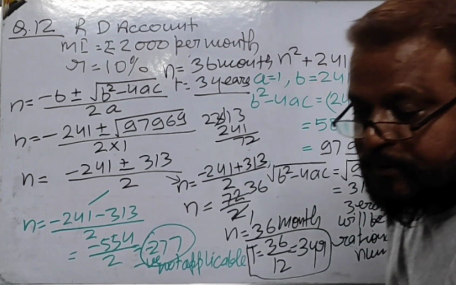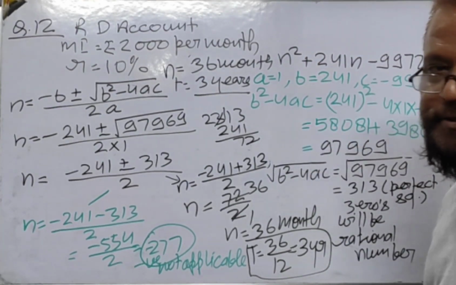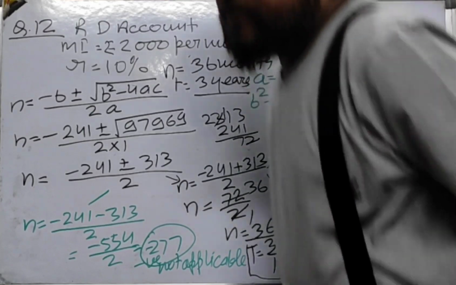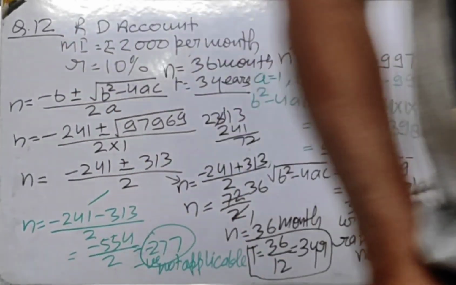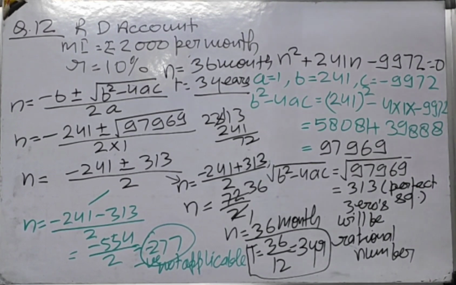Okay, so now come to question number 6. Up to seventh, I did for you. This question I left yesterday because I don't want to make you puzzle. And this time we have two questions related to time.